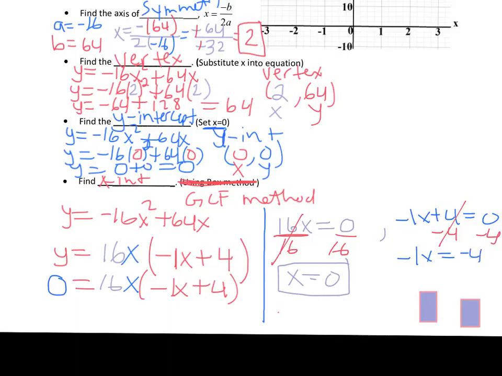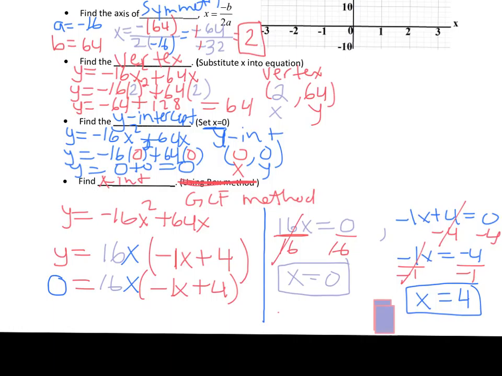Then I'm going to divide both sides by negative 1 to get rid of the negatives. That cancels, and we're left with x is equal to a positive 4. So as you can see, one of our x-intercepts is at 0, and our other x-intercept is at positive 4.